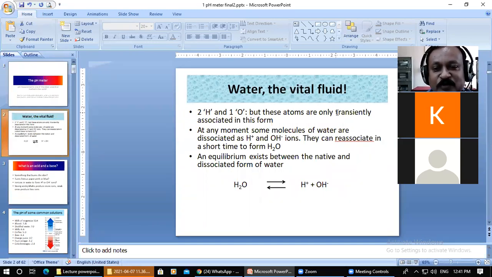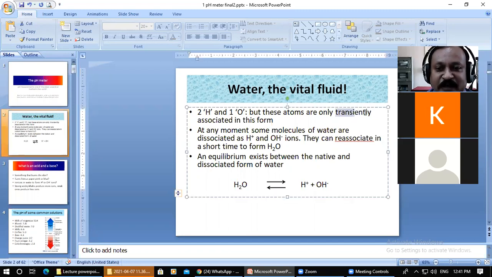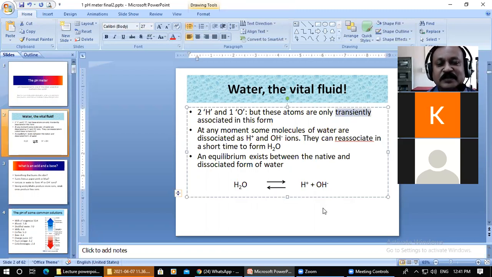Rather, the association is of a transient nature. Can you see this word here? Transient nature. That is to say, there is association and dissociation of these atoms which takes place constantly.